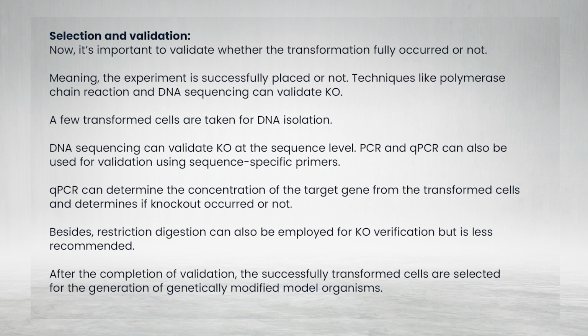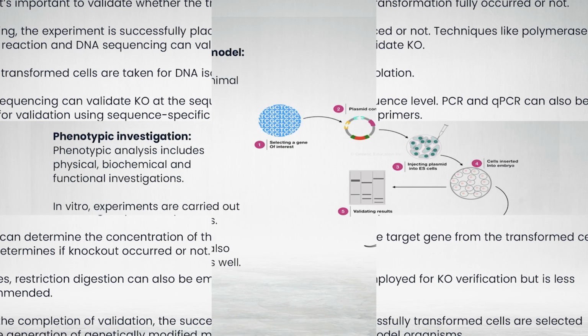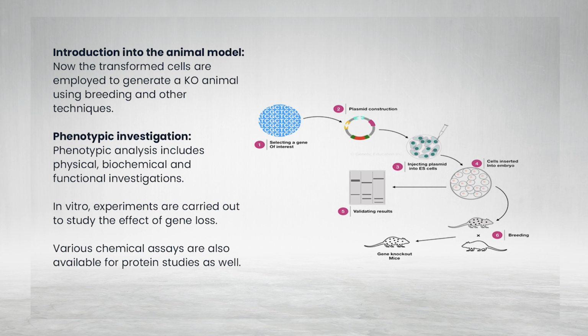Besides this, restriction digestion can also be employed for KO verification, but this is much less recommended. After the completion of the validation process, the successfully transformed cells are now selected for the generation of genetically modified model organisms. Now, let us look at the introduction into the animal model. Now, the transformed cells are employed to generate a KO animal using breeding and other techniques.